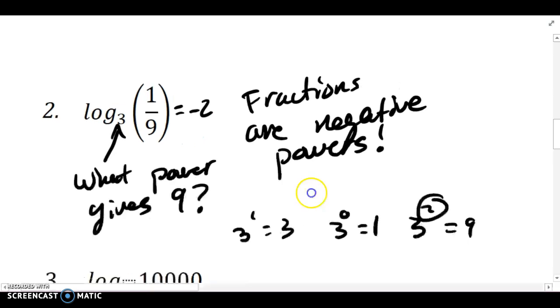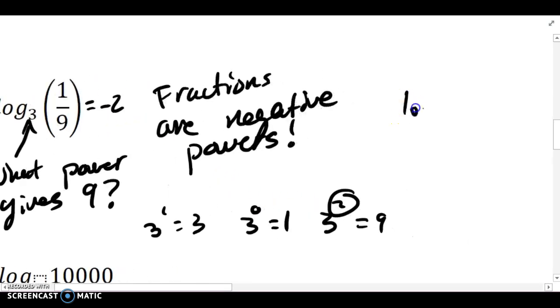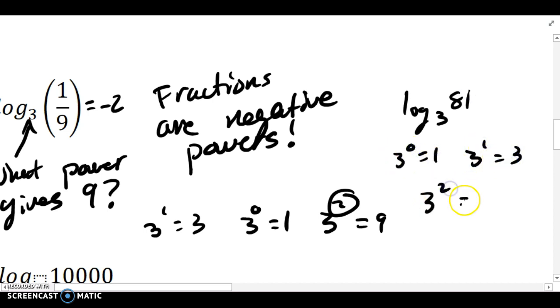All right. So let's do another one real quick. What's an easy one? Let's do log base 3 of 81. Okay, so 3 to the 0 is 1, 3 to the first is 3, 3 squared is 9, 3 to the third is 27, and 3 to the fourth is 81.